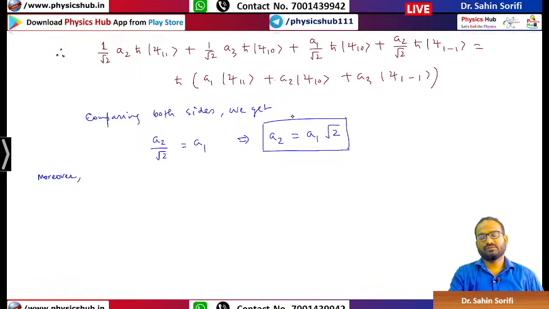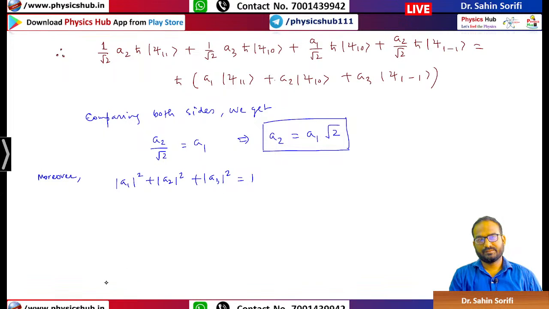Or you can also find out two more relations involving a1, a2, a3, then you can get it. And we know this mod a1 square plus mod a2 square plus mod a3 square is equals to 1. So for what values of a1, a2, a3 will this be satisfied?